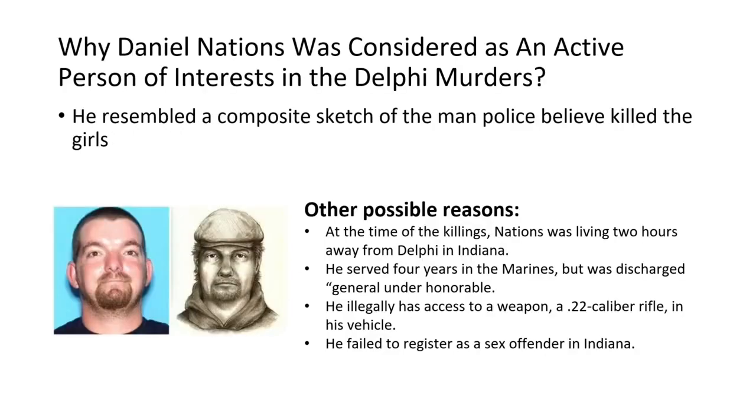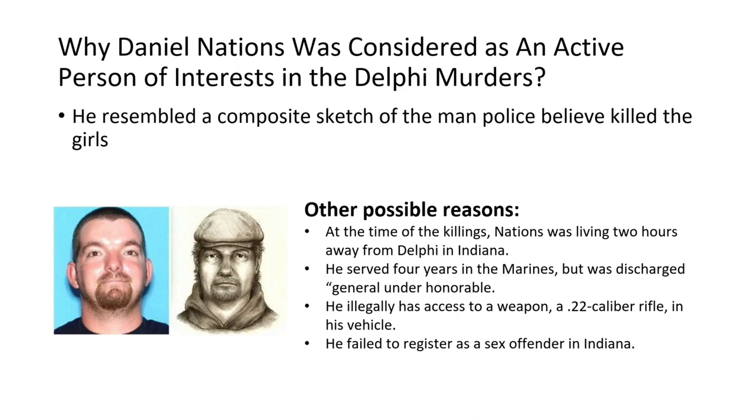Now, why was Daniel Nations considered an active person of interest in the Delphi murder? Some possible reasons that might have made Daniel Nations one of the suspects are: he resembles a composite sketch of the man police believe killed the girls.